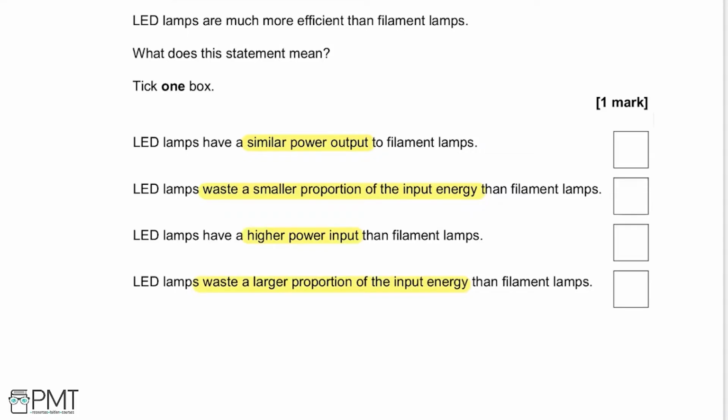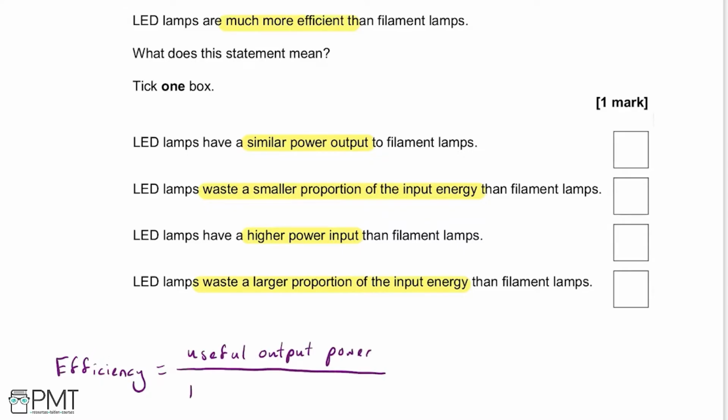So the important part of this question is that LED lamps are much more efficient than filament lamps. So what is efficiency? Well, as a calculation, efficiency is the useful output power of a component divided by the total input power. And if you want that as a percentage, then you can multiply it by 100.